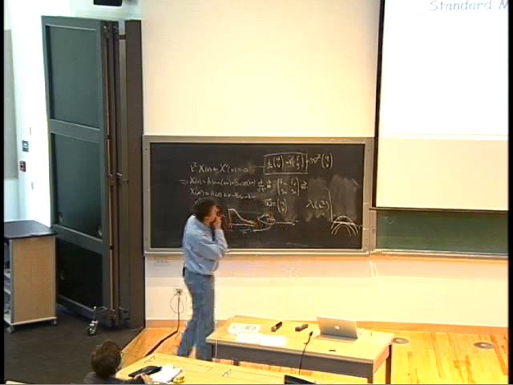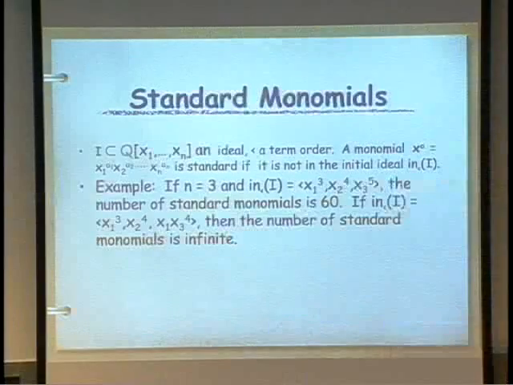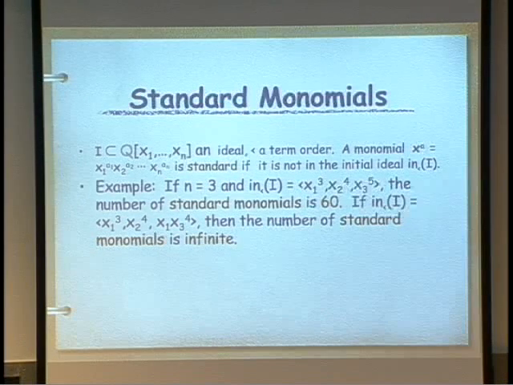How many? To answer that, we need the notion of a standard monomial, conveniently introduced by Anne this morning, but let me go over it again. I is any ideal, and we agreed on a term order. Then a monomial x to the a is called standard if it's not in the initial ideal. So a monomial is a standard monomial if it's not a multiple of any of the finitely many blue leading monomials that you see on your screen after having run Macaulay 2.